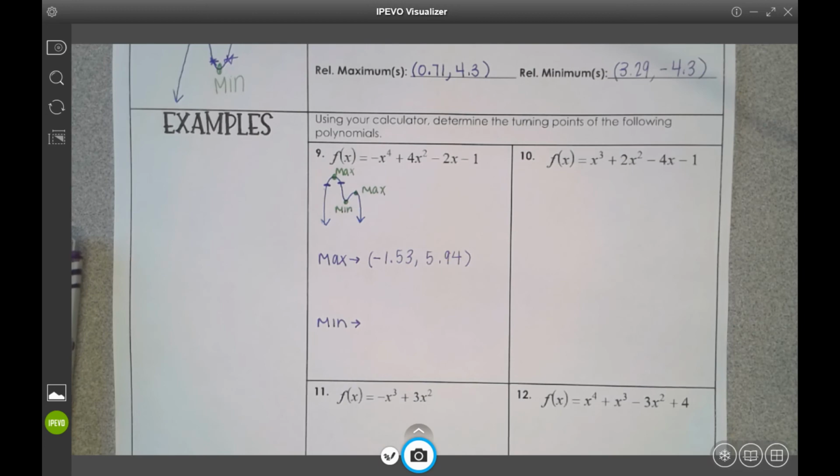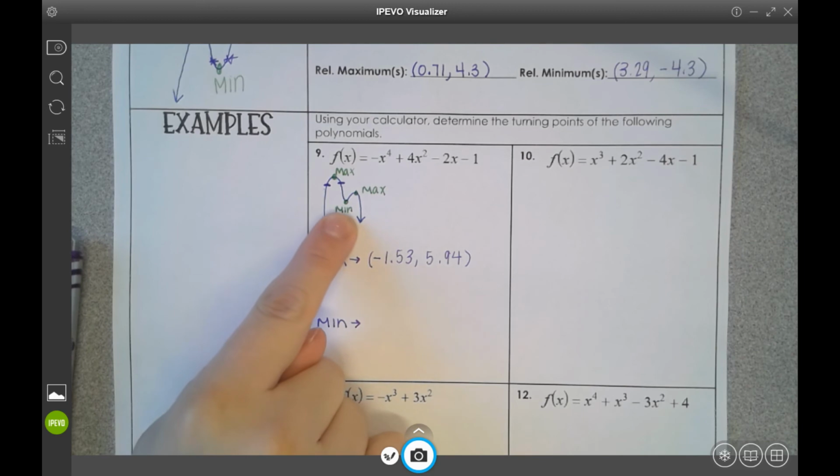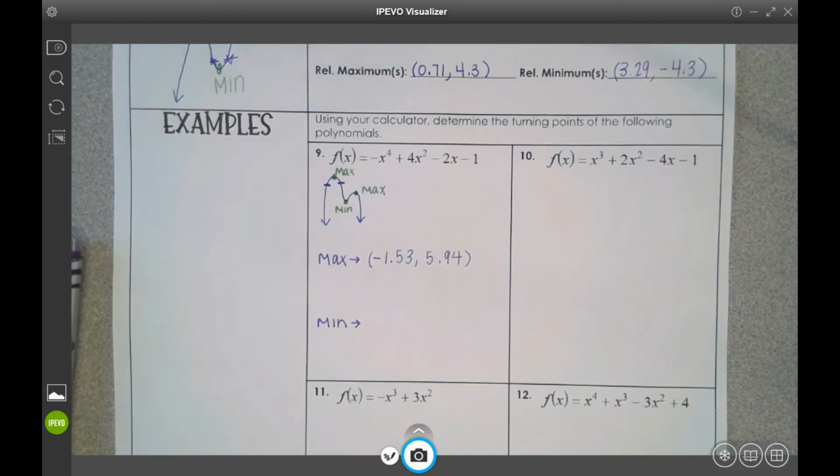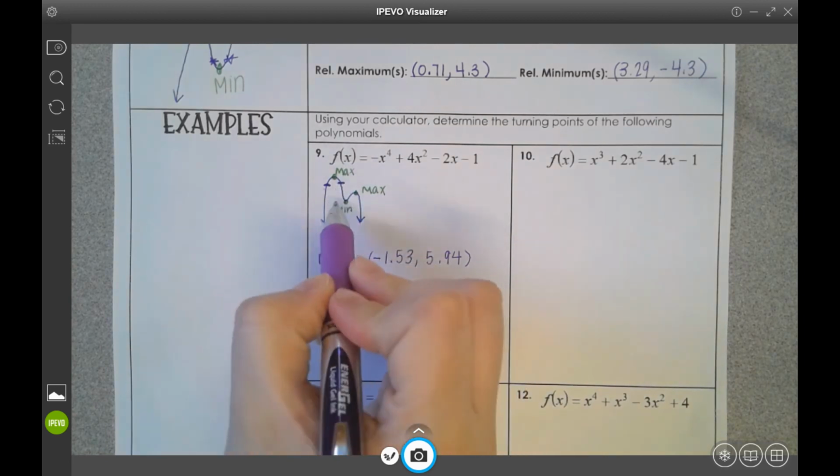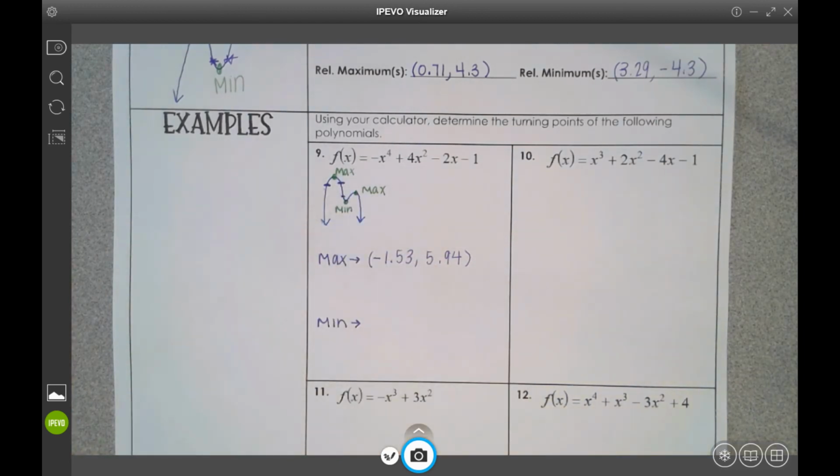All right. So then if we keep going, I'm going to hit a minimum next. So go second trace. And number 3 is your minimum. So move your blinky cursor just to the left of that minimum and hit enter. Go barely past it.